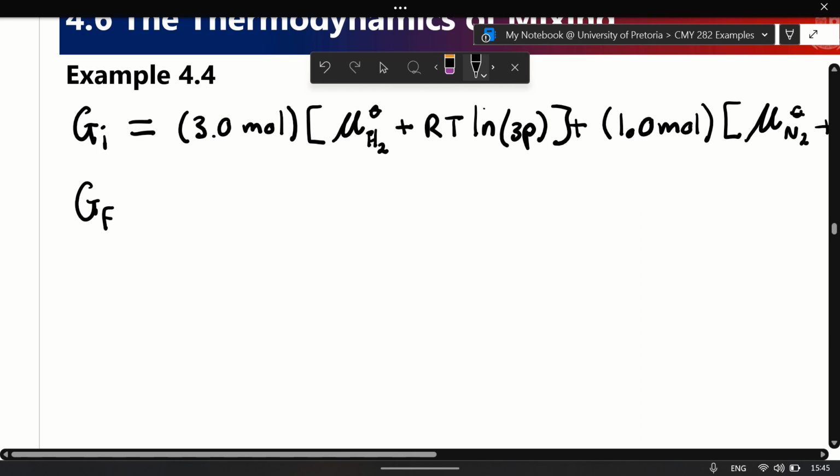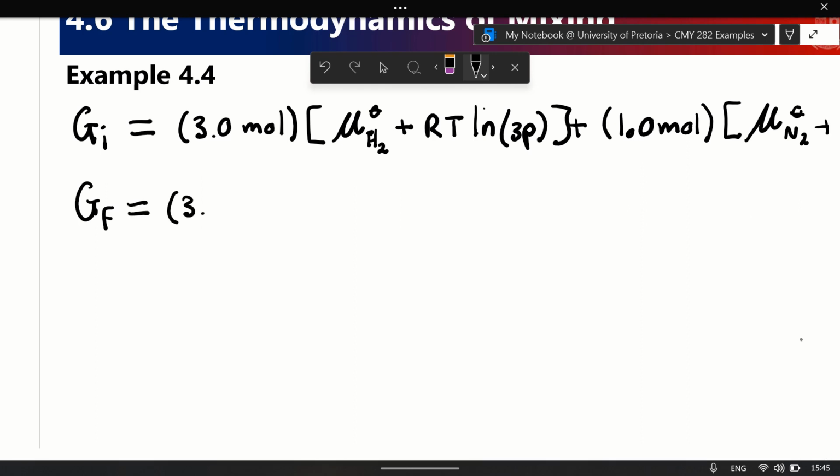And the final Gibbs energy is again equal to, so that's again 3 mole for the hydrogen part, its chemical potential, and now its pressure has changed to its partial pressures.